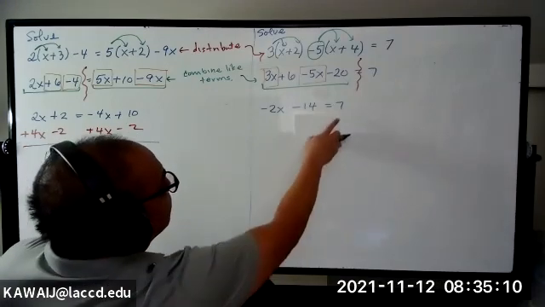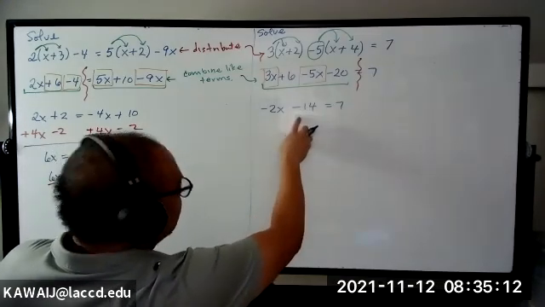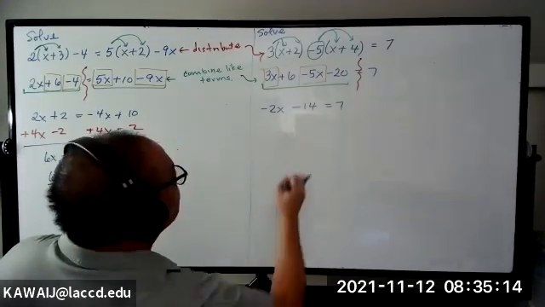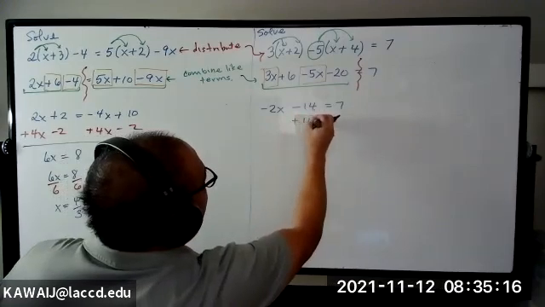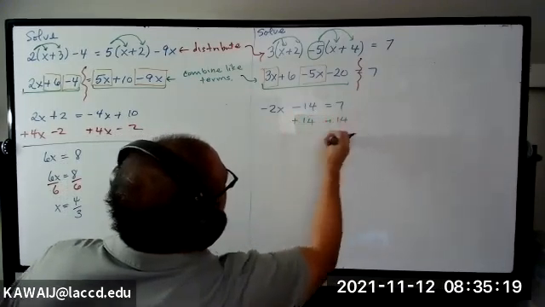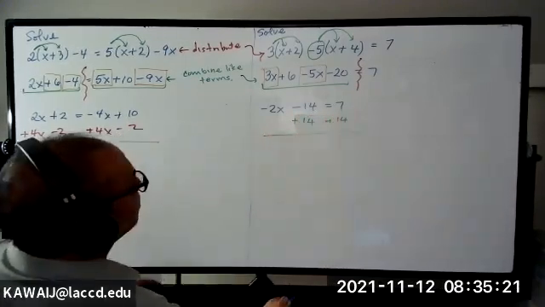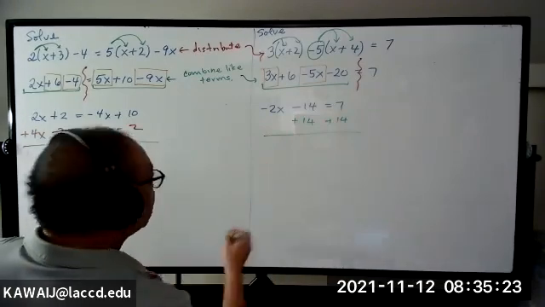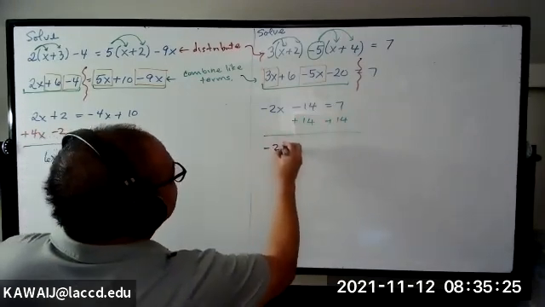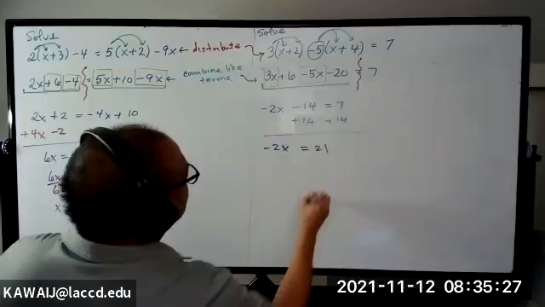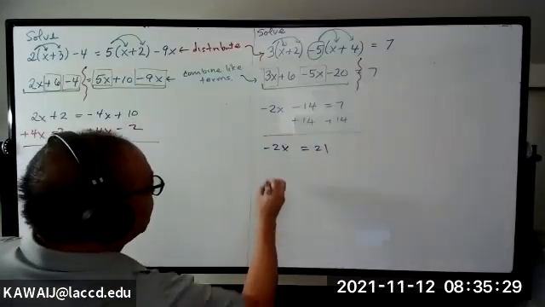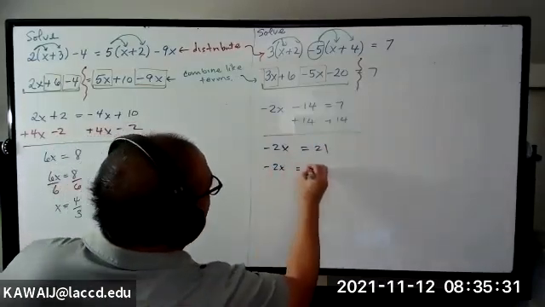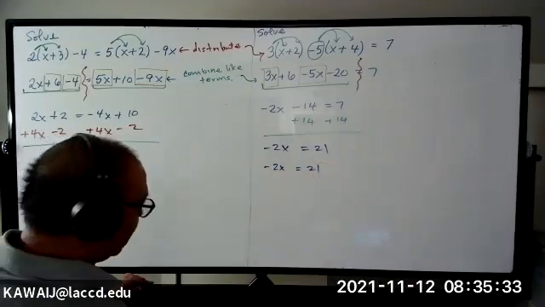And then because this is a constant, we want to get rid of that constant. So we're going to add this 14. And we're going to get minus 2x is equal to 21. And then we're going to divide both sides by minus 2.